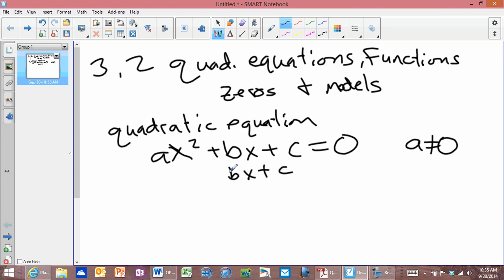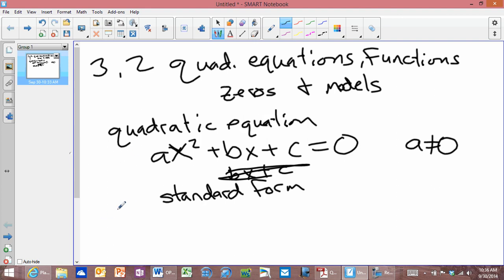And that's not a quadratic equation. The only thing that we cannot have is that a can't be 0 up front. This form, where it's written like ax squared plus bx plus c, is also called the standard form of a quadratic equation.